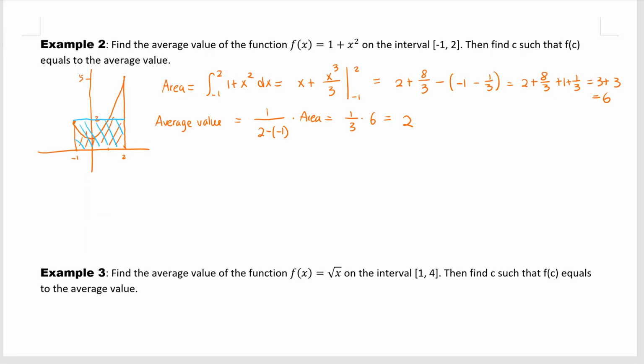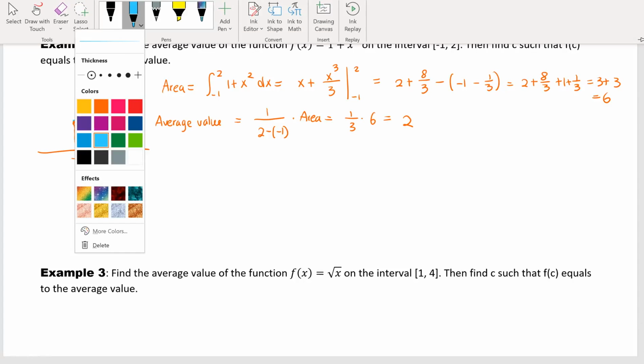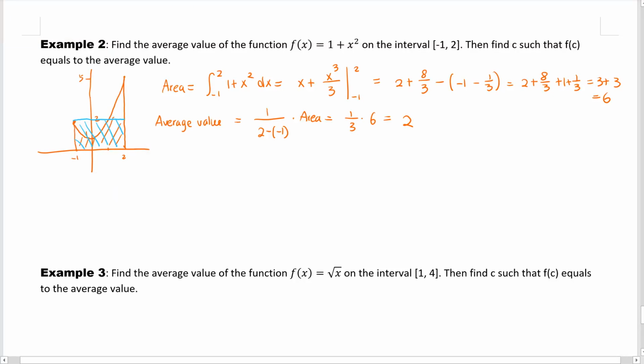Next, the problem asks us, by the mean value theorem, because the function is continuous, there must be a point c such that f of c equals the average value. It looks like this is 1 and minus 1, but let's check it out. We cannot just guess from the picture.